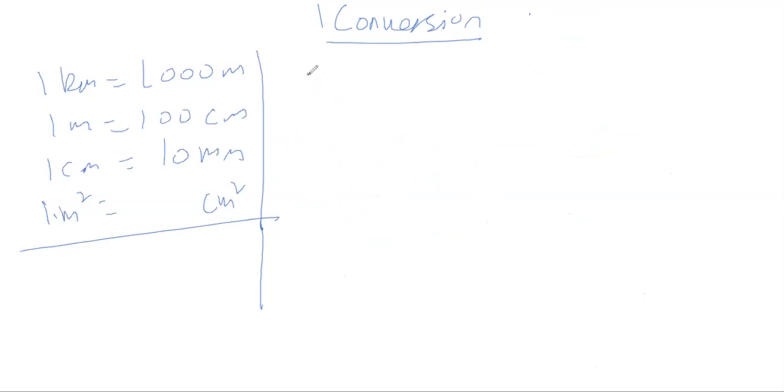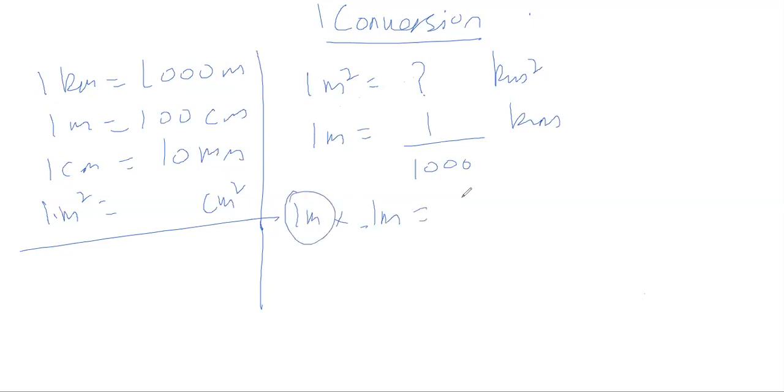Now I want to convert 1 meter square into how many kilometers square. That's the answer I'm looking for. So let's go with the basic. We know that 1 meter is equal to 1 over 1000 kilometers. So 1 meter square would be 1 meter into 1 meter, right?